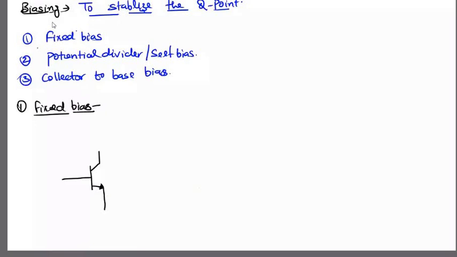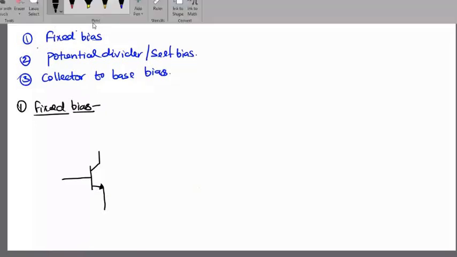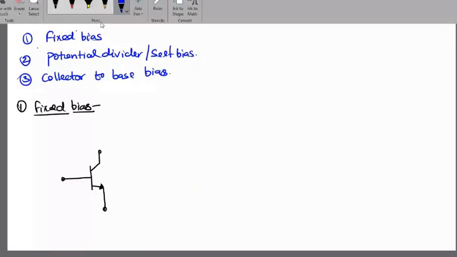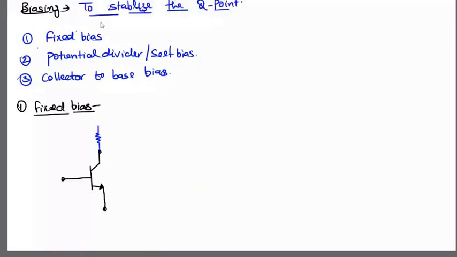This is a simple common emitter configuration, and you see here we apply a resistance here, and another resistance here. And this is the plus VCC power supply we have applied here. In common emitter configuration this is grounded as usual. This is called the base resistance, this is called the collector resistance, and due to this power supply one current flows, called the collector current.